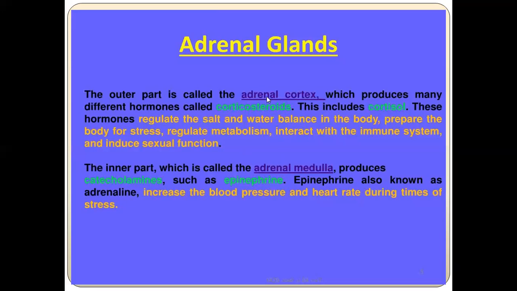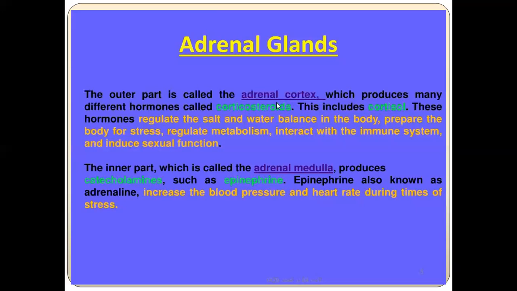Now, what is the adrenal cortex? The outer part of the adrenal gland is called the adrenal cortex. What does it produce? It produces many hormones, called corticosteroids and also cortisol. What is the function of these hormones?